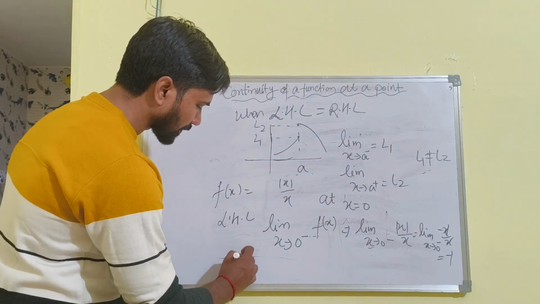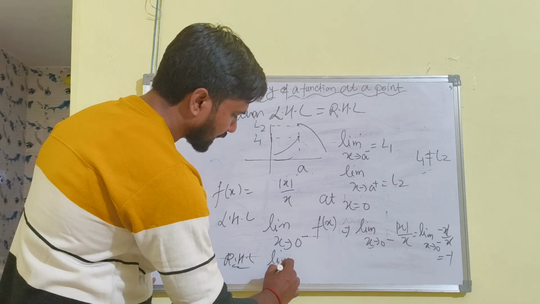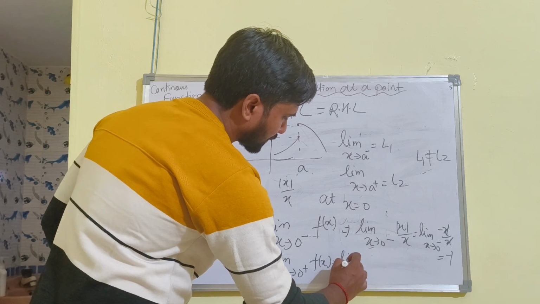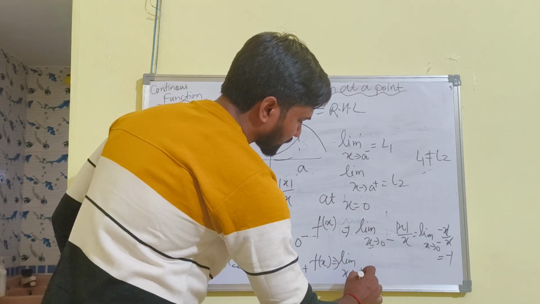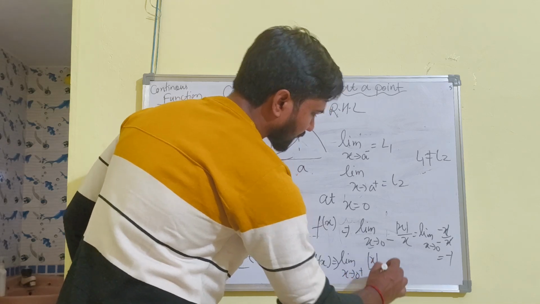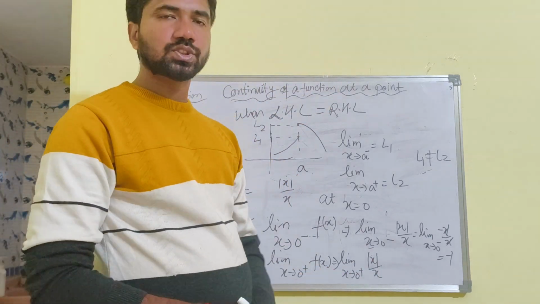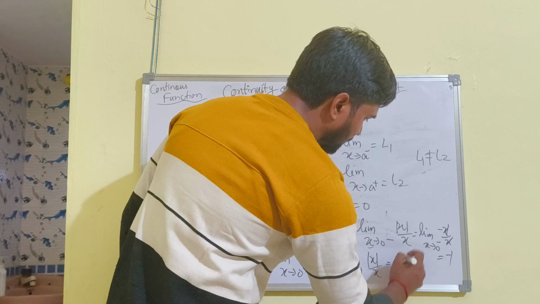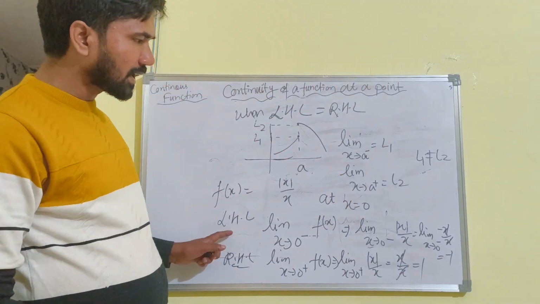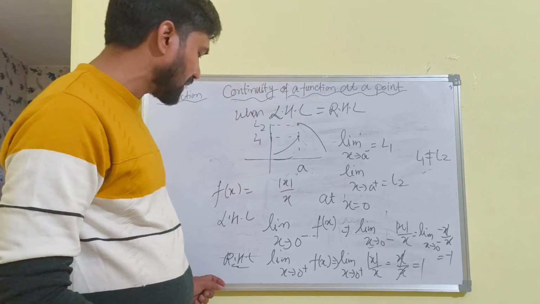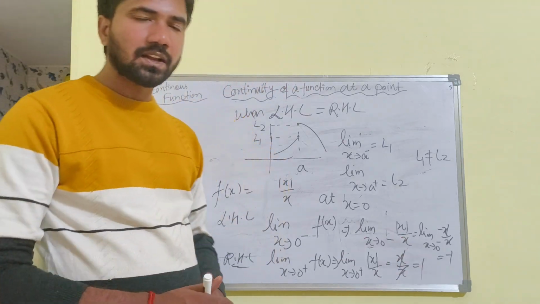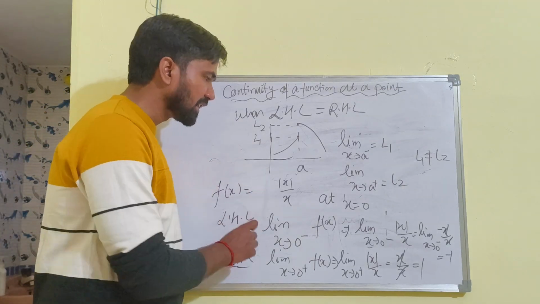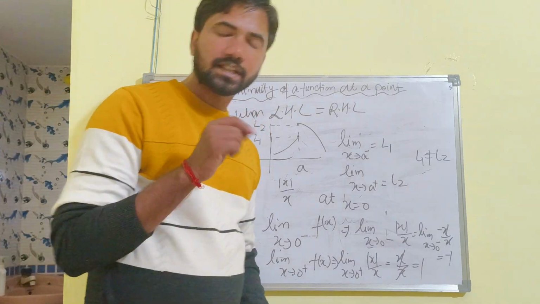Now the right hand limit: the limit as x tends to 0 plus of f(x) is mod x upon x. Here x is greater than 0, so mod x opens with a positive sign. Simply x upon x, that is equal to 1. See, the left hand limit is minus 1 and the right hand limit is 1. So in this case the left hand limit is not equal to the right hand limit, and we say this function is discontinuous at x equal to 0.